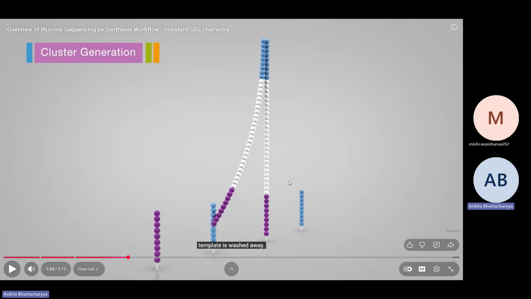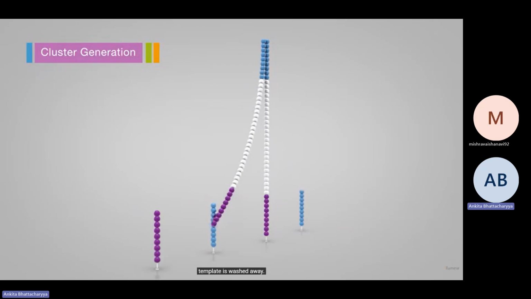Your template is the DNA fragment which you have adapter ligated and added to this reaction. That is removed. How is that going to help? That is going to help because this can again bind somewhere else on the flow cell, some other region, and this can keep on amplifying your signal exponentially. It will do this n number of times, and it will keep on giving you more and more information that you can gain more confidence in.